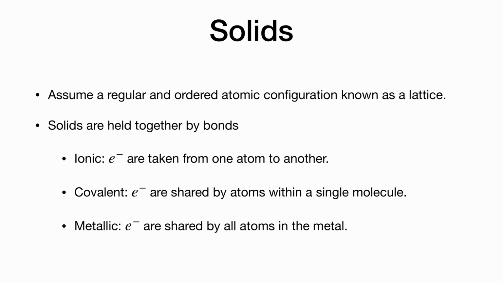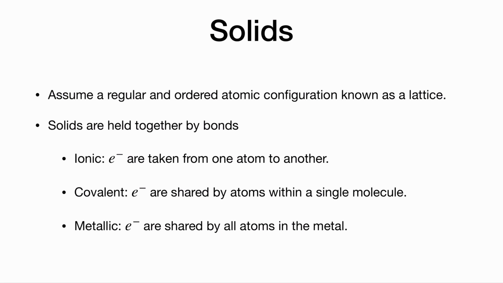So we need to understand how samples with a large number of atoms work. By doing atomic physics, we understood how individual atoms worked, but how do they work when they are in a cluster or in this regular pattern, bonded together?